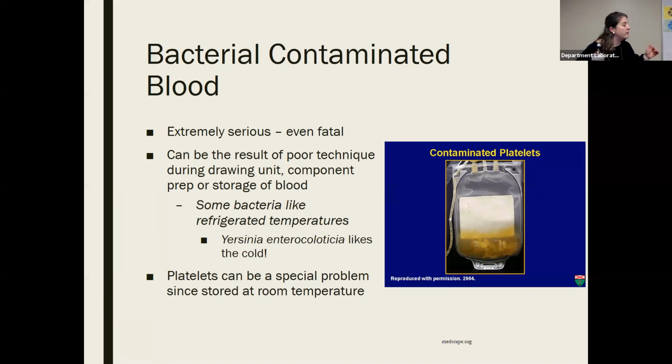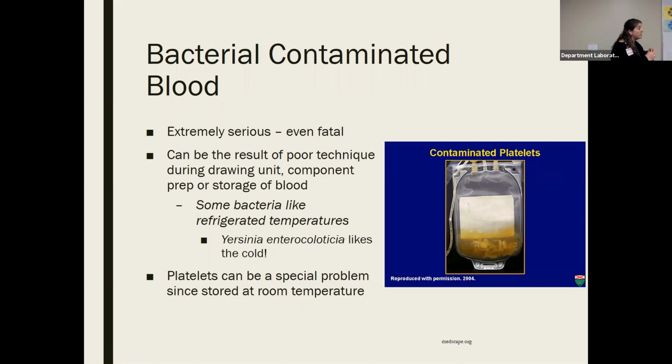Now there's a lot of mechanisms in place during the collection process, and in blood bank, we try to keep that unit closed at all times, store at appropriate temperatures, to prevent bacterial contamination, all right? But remember, platelets are the #1 culprit in bacterial contamination. And even for red cells, all right, that's the perfect environment. Everything they need to grow is in that unit, all right? It's the very best medium for those bacteria, all right?